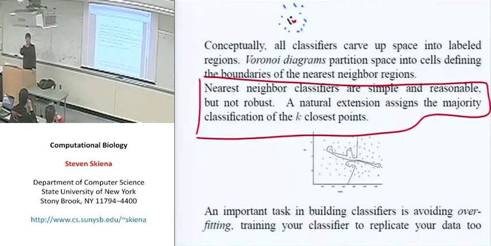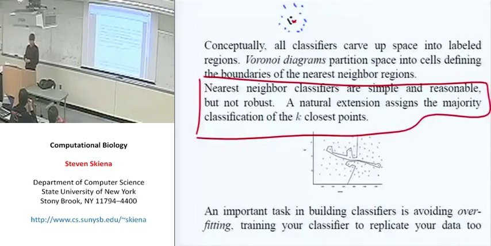So how can we make this more robust? K nearest neighbors. Does everybody agree that a more robust thing to do would be, instead of just taking one nearest neighbor, take 3, 5, 10, some number, and vote among the neighbors? Or weight them according to how far their distances are.